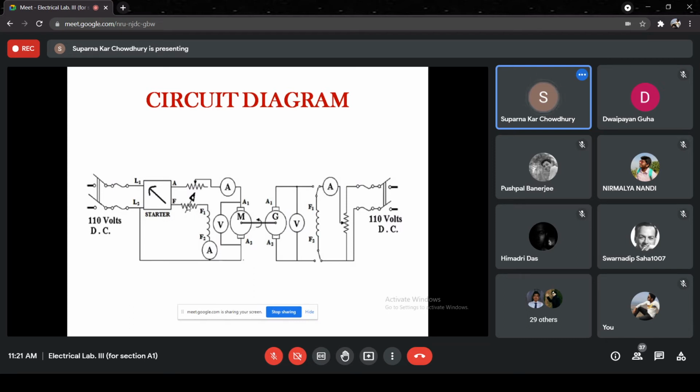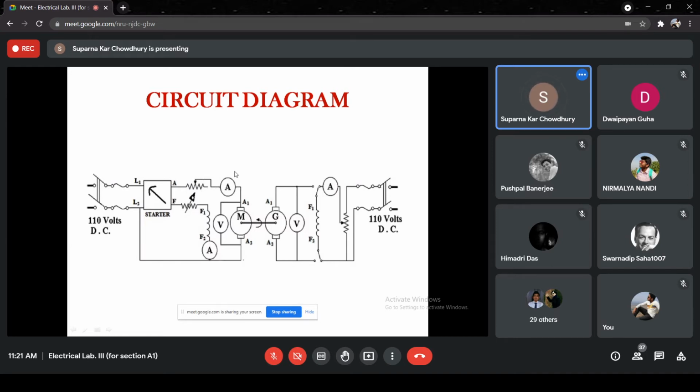Now we have seen that these losses are constant if we keep the field current constant and the speed constant. So keeping the field current of the motor constant, which you can do by this rheostat, we run the motor at different speeds, from low creeping speed to the rated speed in steps of 100 rpm.